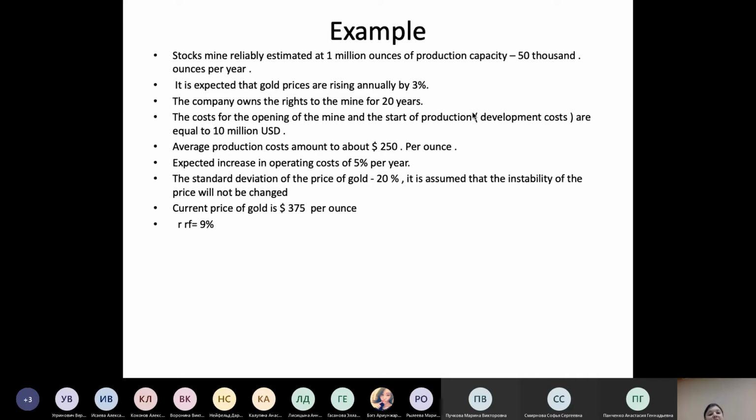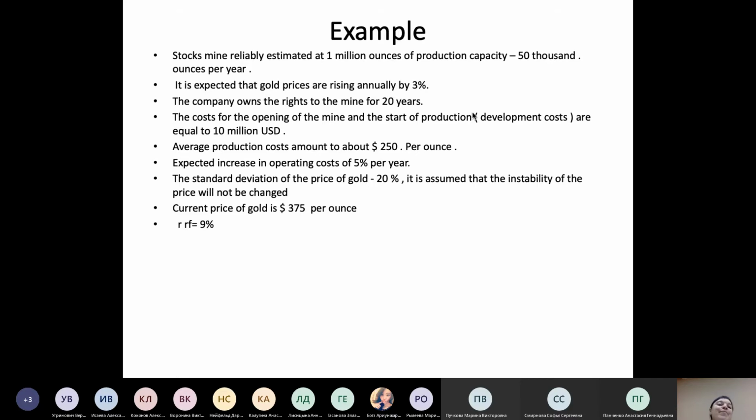The standard deviation of the price of gold is 20%. It's assumed that the instability of the price will not change. The current price of gold is $375 per ounce. Our risk-free rate is 9%.